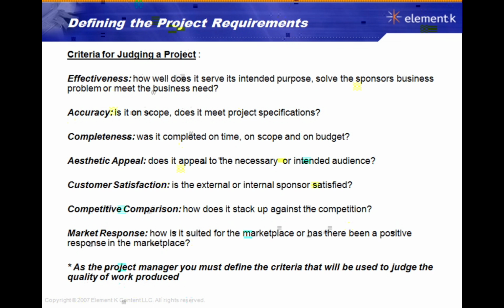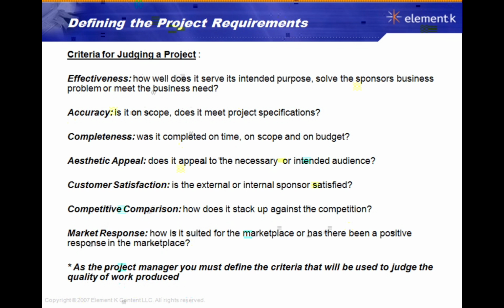And then customer satisfaction. Is the external or internal sponsor satisfied? Very important question. Ultimately, they are the ones that have to be satisfied as well. They're going to sign off on a lot of the things that you need, approve a lot of the stuff that needs to be approved, as well as give overall general stamp of approval when the project is complete.